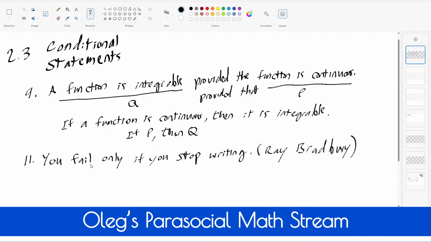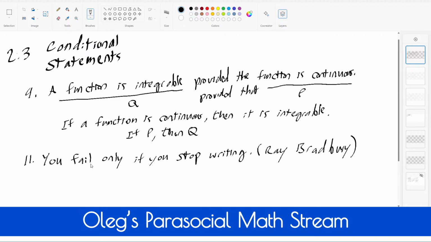That doesn't make sense though. Let's rewrite that. If you fail, okay, if P then Q. That wouldn't make sense. If you fail, then you stop writing. It doesn't make sense.